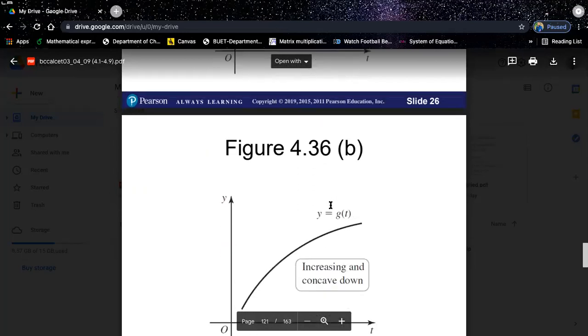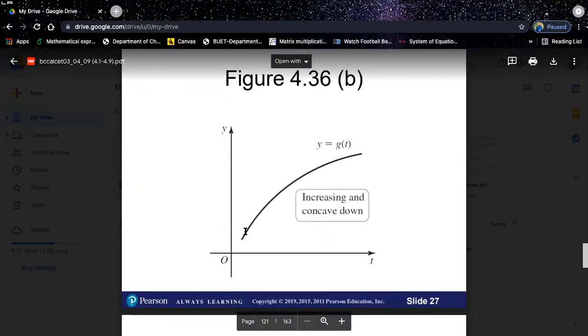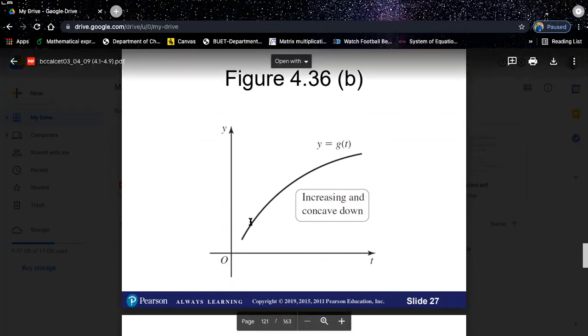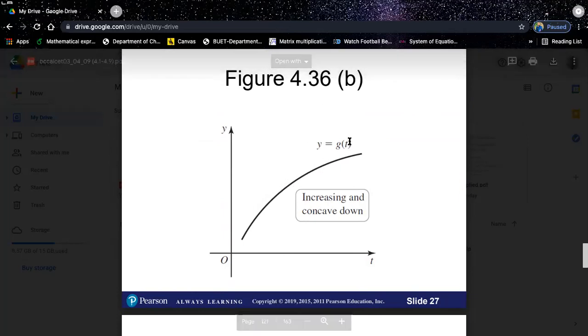Let's see this one. You can see at this point, the slope of the tangent looks like this. At this point, the slope of the tangent looks like this. So as we are moving to our right, the t gets increased, and you can see the slope of the tangent is slowly getting decreased. Can you imagine?